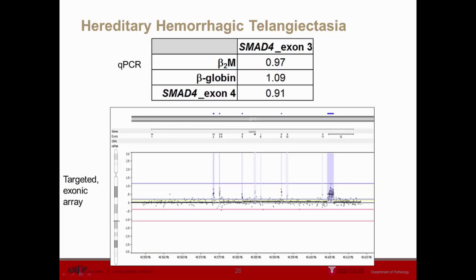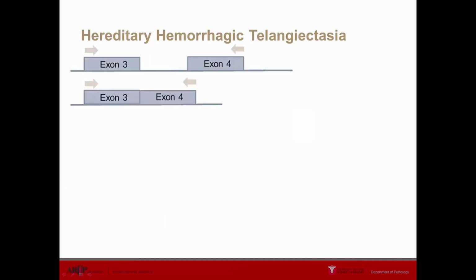And using that information, we went back to reinterpret the MLPA and the qPCR. And the MLPA, exon 4, is so small that the probe was actually placed in the intron nearby. So again, that probe's only going to interrogate the real gene, not the processed pseudogene.